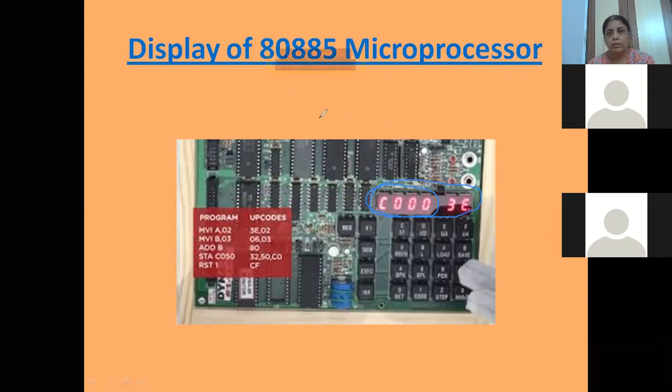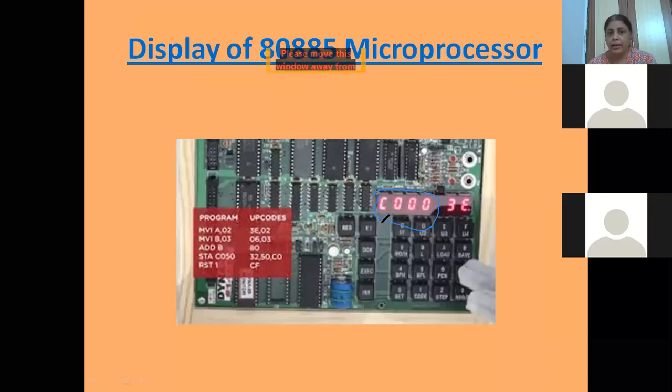Okay. Let's see. So this is your address area where the address is going to be displayed. So why is it 4 digits? Because you have an address of 16 bits, and 16 bits in hexadecimal need 4 digits.